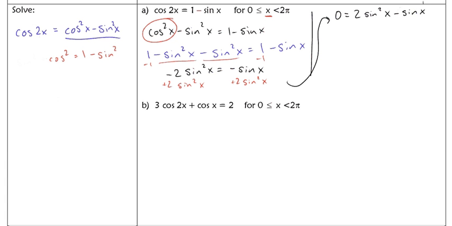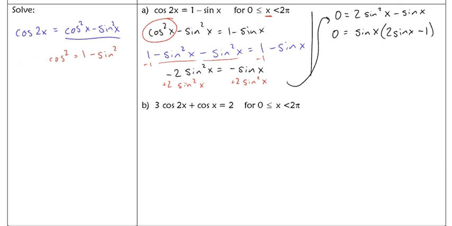You can factor out a sine of x, and so we have 0 equals sine of x times 2 sine of x minus 1. And now we've got it in factored form, and hopefully from here you're comfortable with what we're going to do.